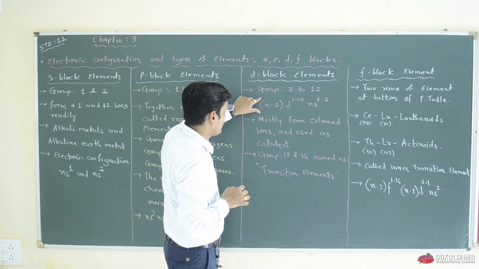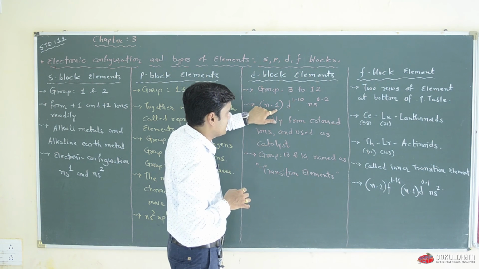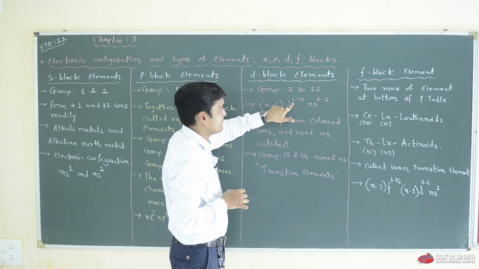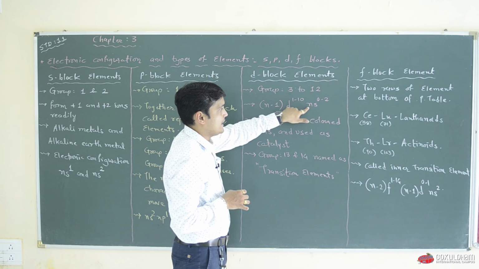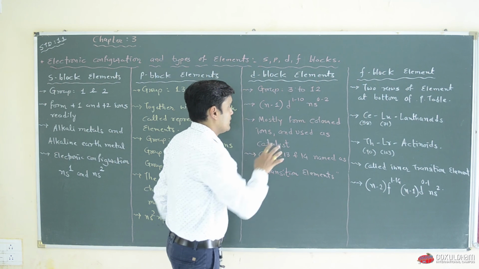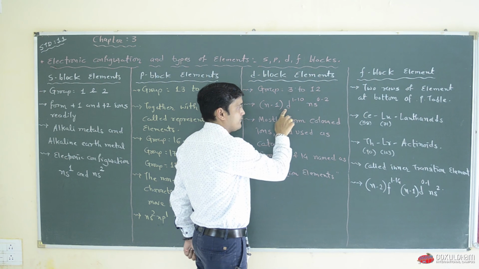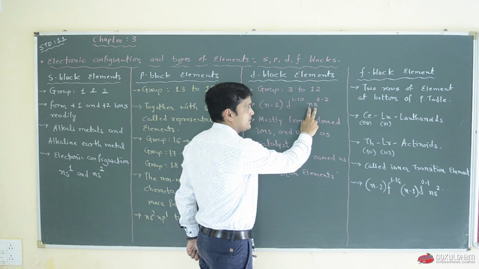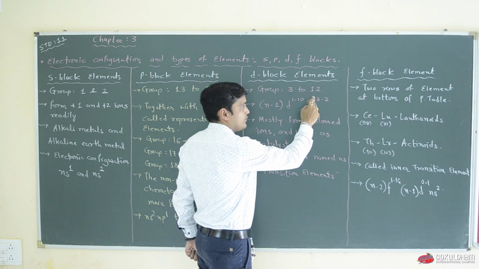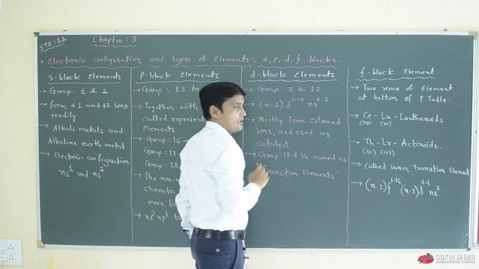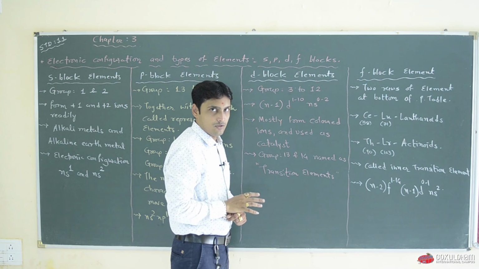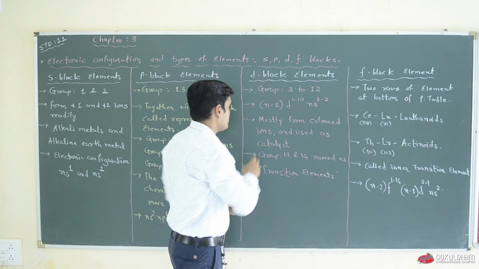The common electronic configuration is (n-1)d1 to 10 ns0 to 2. d1 to 10 means you can fill from 1 electron to 10 electrons in the d orbital, and ns0 to 2 means you can fill a maximum of 2 electrons and a minimum of 0 in the s orbital.